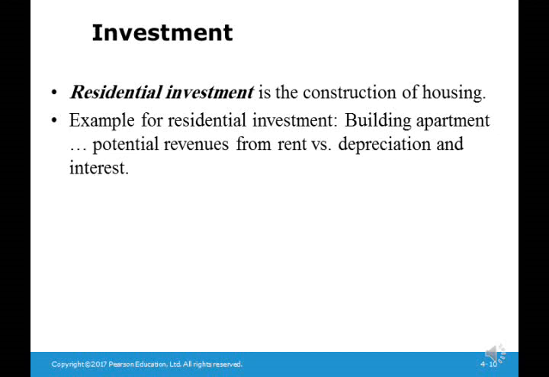Same for the residential investment, building apartments. It also has a benefit side in the form of rent, and a cost side by, for example, borrowing money, paying interest rate for it, and the cost of depreciation to replace the worn out, used capital of this rented apartment, this building.